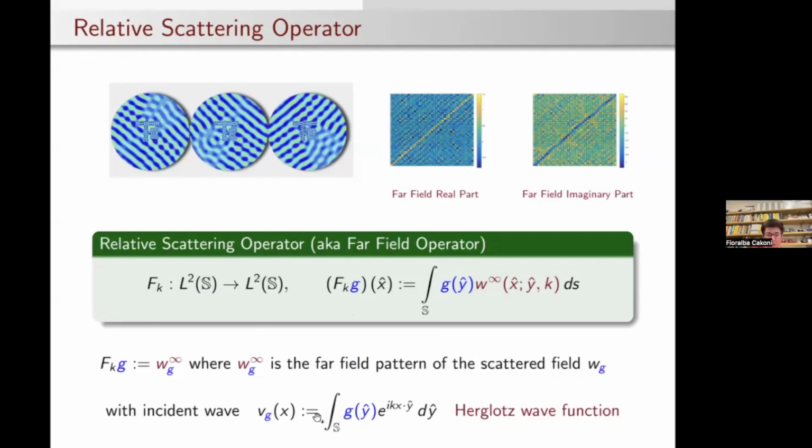In other words, if I send this v_g as an incident field, which is a physical incident field, then I get as a far field this F evaluated at g. This function is known as the Herglotz wave function.